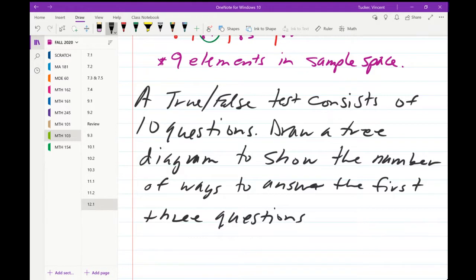Draw a tree diagram to show the number of ways to answer the first 3 questions. So, key thing here is they tell us a tree diagram and also the first 3 questions. So we're not looking to do a tree diagram for all 10 questions, just the first 3.